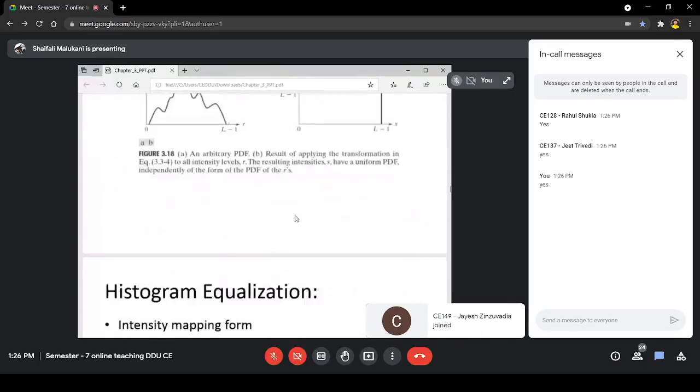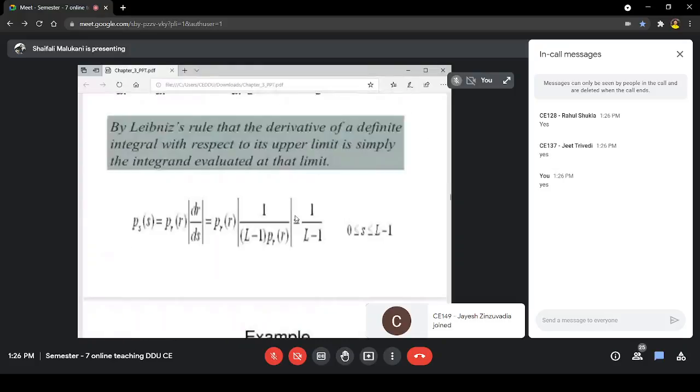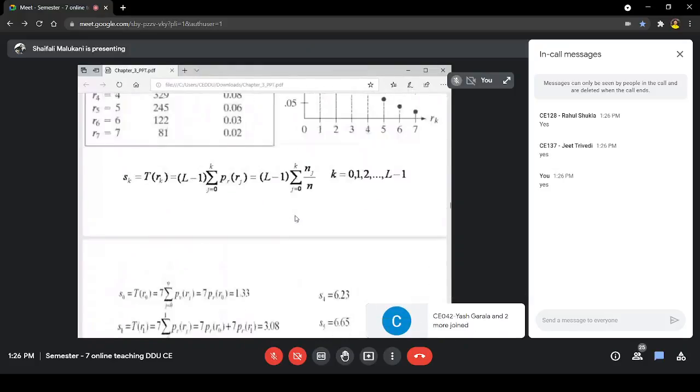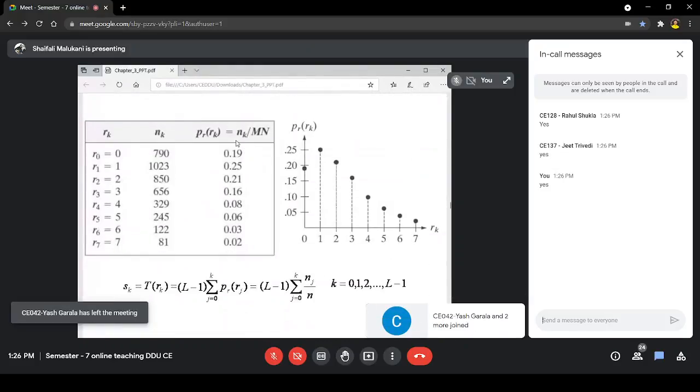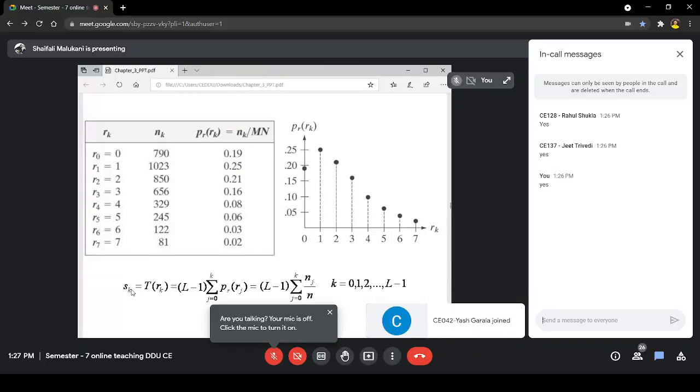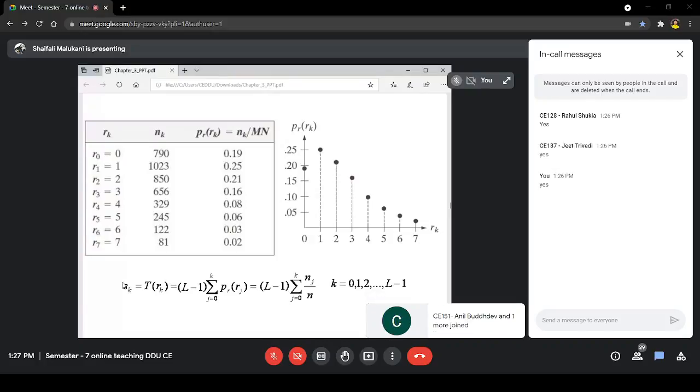What is that procedure? We have to take the probability of occurrence of each intensity. Suppose I am finding the equivalent intensity for 0, I will take the probability of occurrence of 0, the summation from k equals 0 to 0, because I want to find S of 0, multiplied by L minus 1.